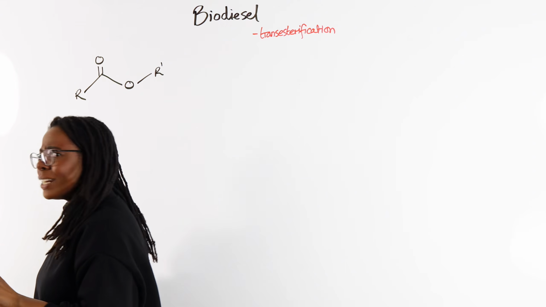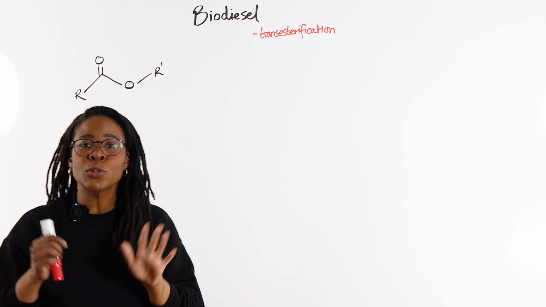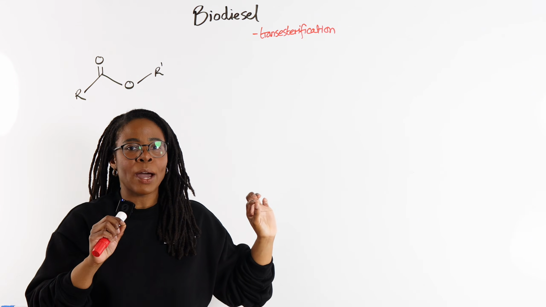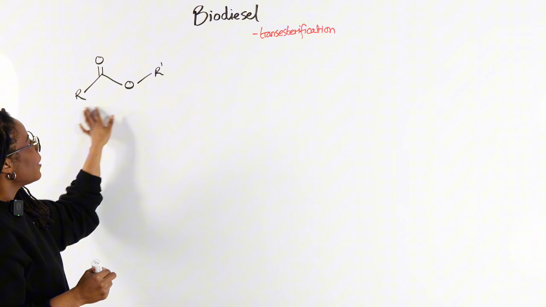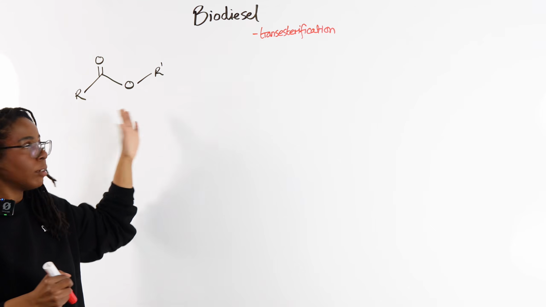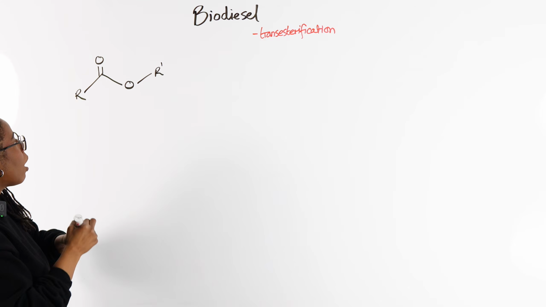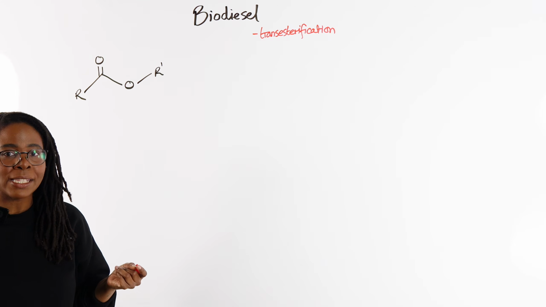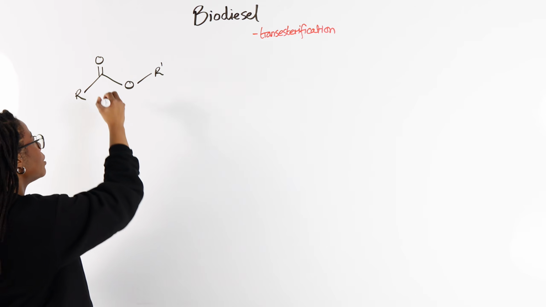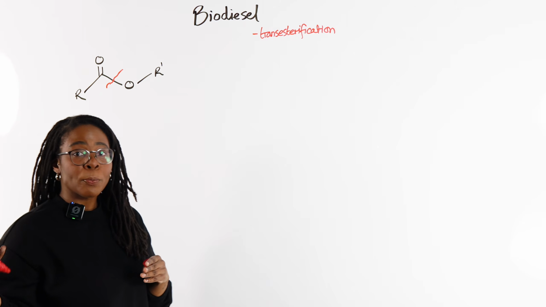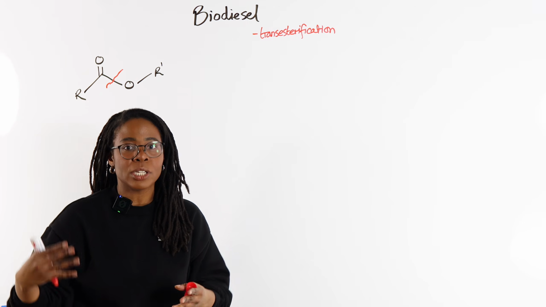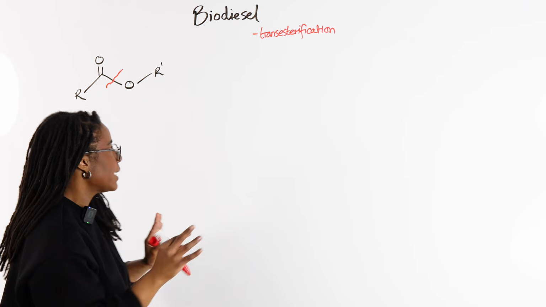So I already have a video on ester hydrolysis, but we'll do a quick recap so that we are all on the same page leading into biodiesel. When we have an ester, which is just this, RCOOR, if we were to hydrolyze that ester, so break our ester bond, then we are breaking the bond here. Now, what we get as our products depends on the conditions under which we are hydrolyzing that ester.